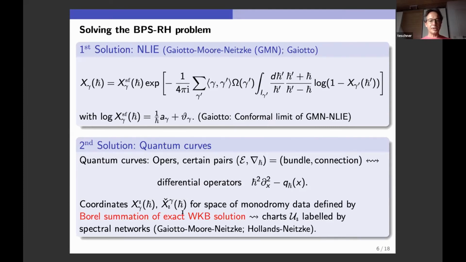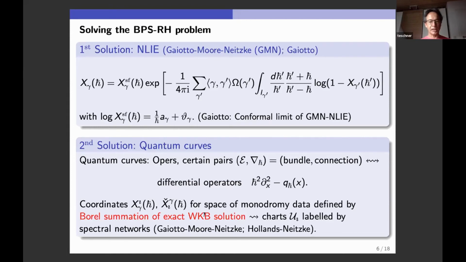The basic idea here is that the coordinates we're after, the solutions to this BPS-Riemann-Hilbert problem, would be defined by employing the Borel summation of exact WKB solutions of the differential equation that you can define from this differential operator, that is, whatever is annihilated by this differential operator. This is then what allows us to define these coordinates.